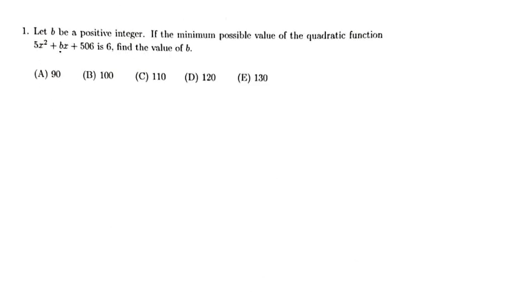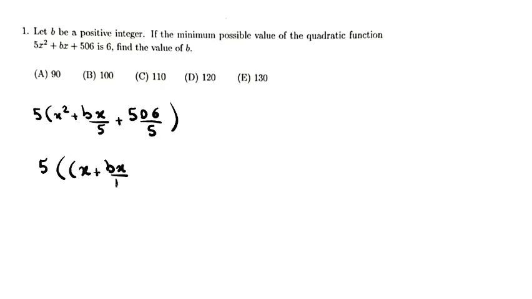Okay, so we can write this term as 5, we factor from 5, it will be x squared plus bx over 5 plus 506 over 5, and then you can say it's 5 times (x plus b over 10) squared, then you have b squared over 100, minus b squared over 100 plus 506 over 5.